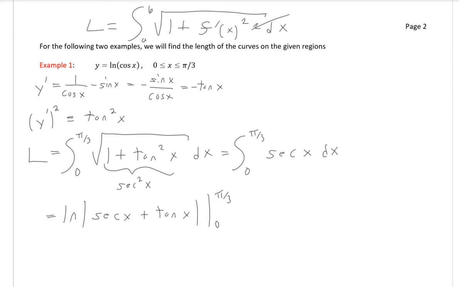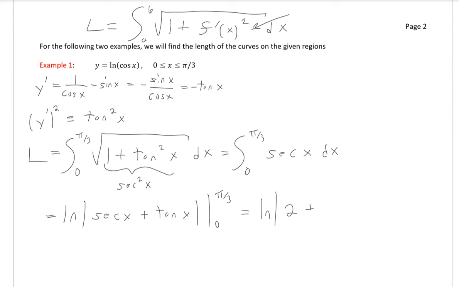Then if we plug in our bounds, we get the natural log of secant of pi thirds. Well, cosine of pi thirds is 1/2, so this would be 2. And then tangent of pi thirds, well, sine would be root 3 over 2. Cosine is 1 over 2.